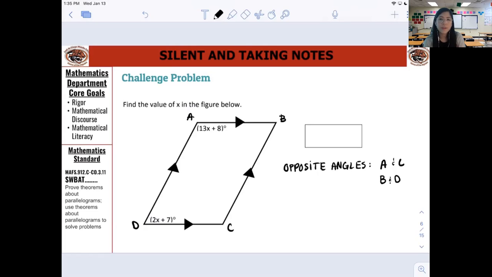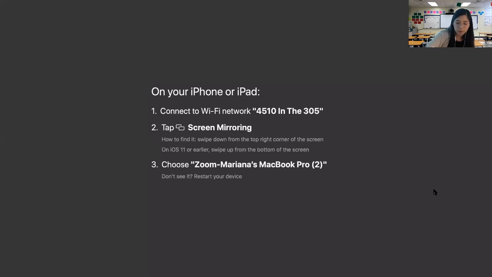Are A and D going to be congruent? No. What are they? They're not congruent. They're going to be what? Good, Jalen. They're going to add up to 180. So opposite angles are congruent. That would mean A and C are congruent, B and D are congruent. But if they're next to each other, they're going to add up to 180. So I know that A plus D equals 180.